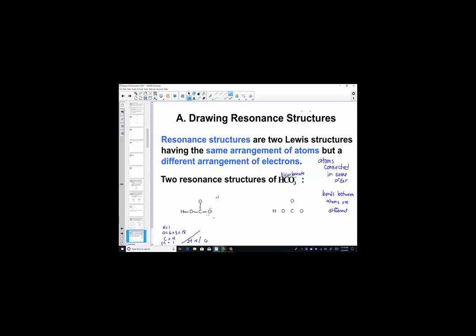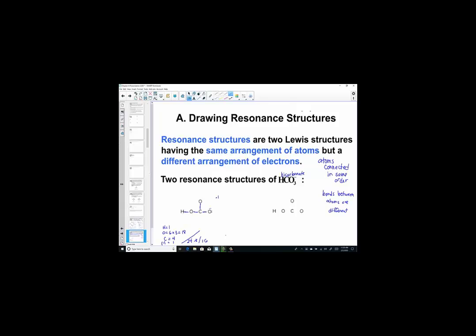All right, so we're drawing this bicarbonate polyatomic ion, HCO3 negative. I've placed single bonds between all the atoms and tallied up that that used 8, leaving us 16 dots.